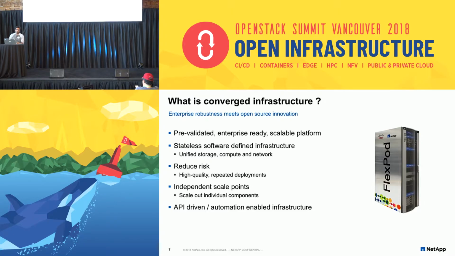Another important aspect is that the infrastructure is API driven. All of the components, whether Cisco servers, Cisco switches, or NetApp storage, can be talked to using an API, so it serves the DevOps model where you can provision on demand.